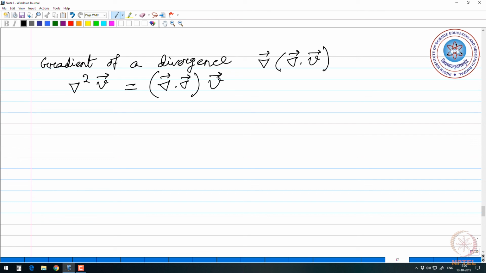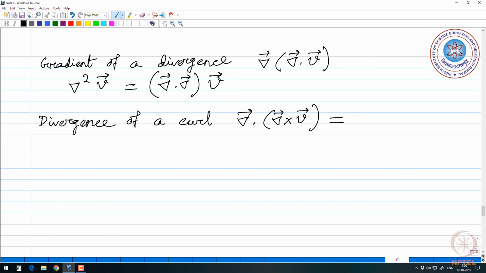There can be other kinds of operations, that is divergence of a curl. This is expressed as the divergence operator acting on the curl of v, and we can also show that this quantity goes to 0, and this is also very important because we can make use of this result to define vector potential.